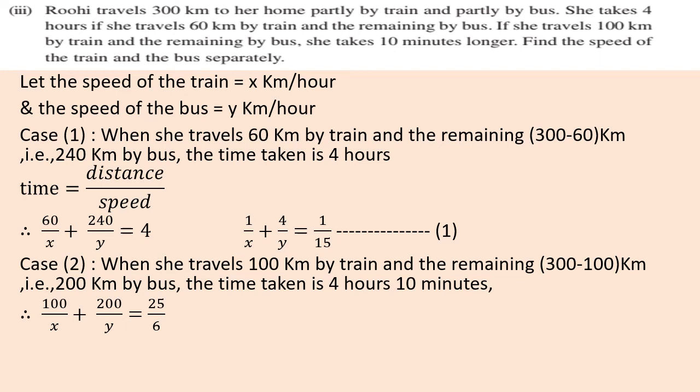We have to convert 4 hours 10 minutes into hours. By simplifying that, you are getting it as 25 upon 6. By dividing throughout by 25, you are getting the equation as 4 upon x plus 8 upon y equal to 1 upon 6. Number the equation as equation number 2.